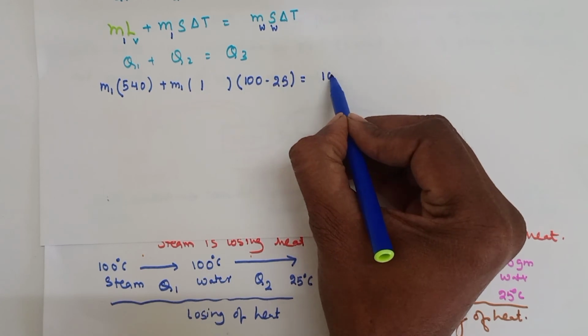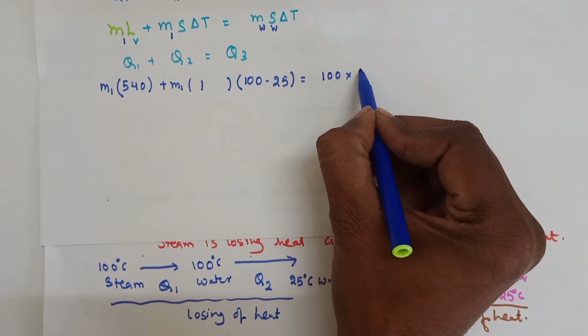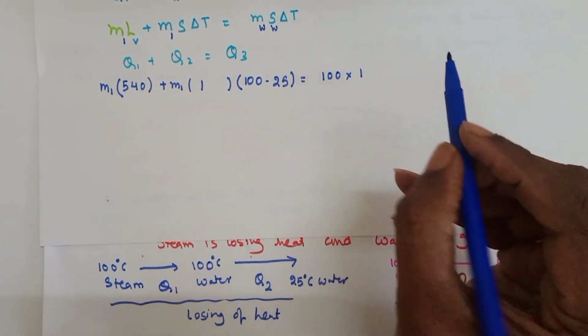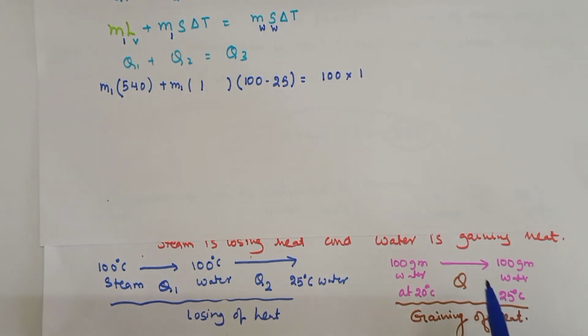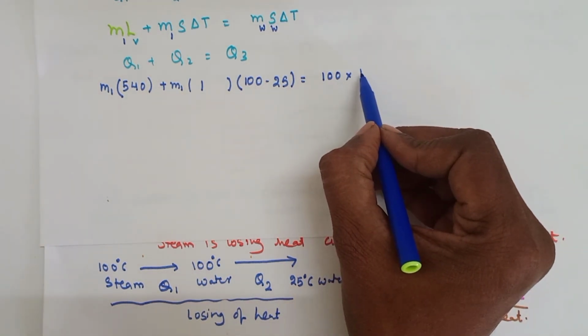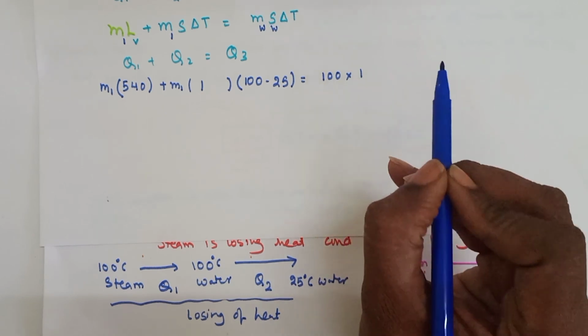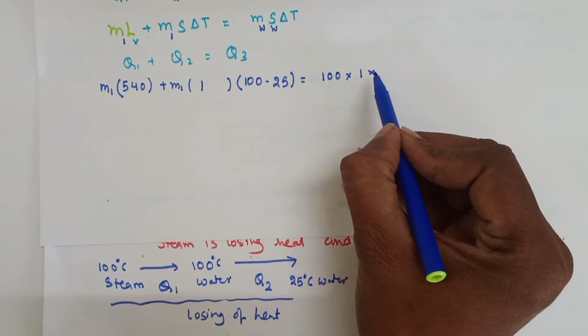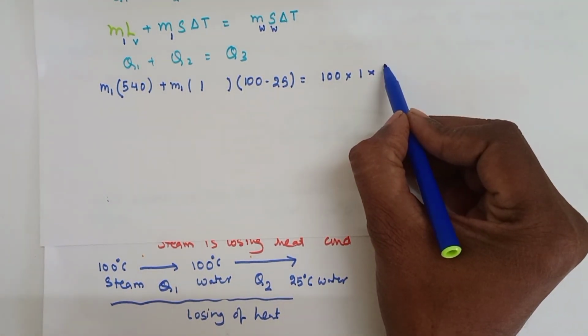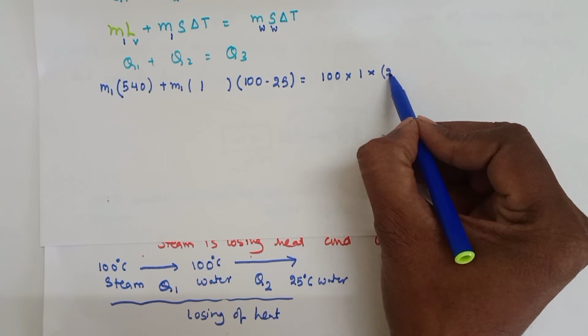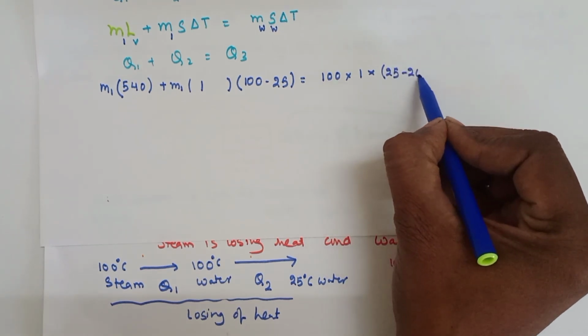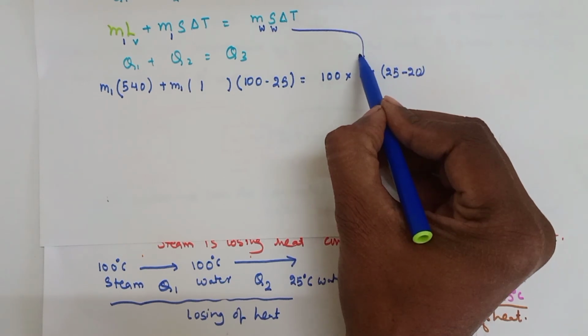Mass of the water is 100 grams into 1 calorie per gram per degree Celsius into the raising of temperature 25 minus 20. This is about water.